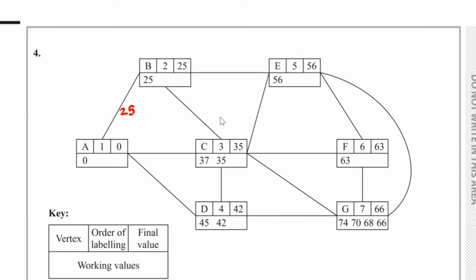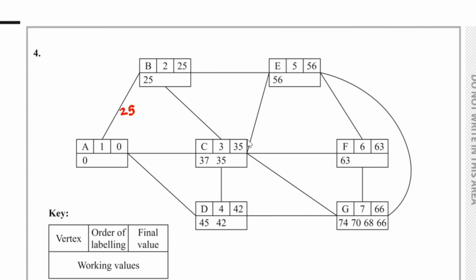And then from here we have 37, and we also have 35.